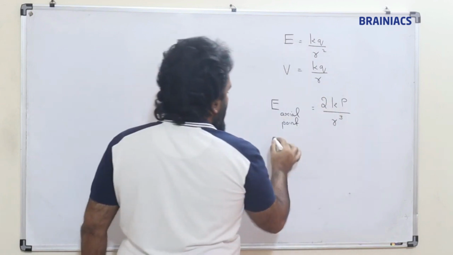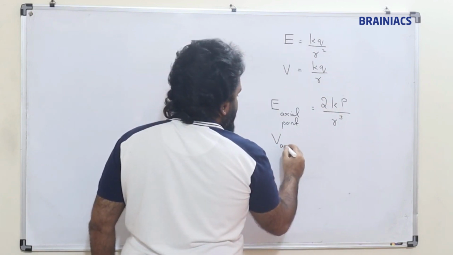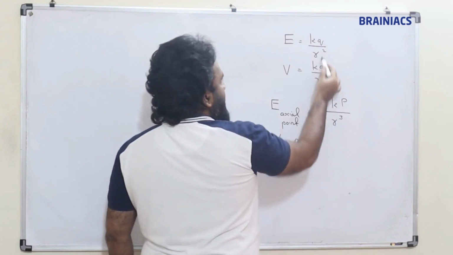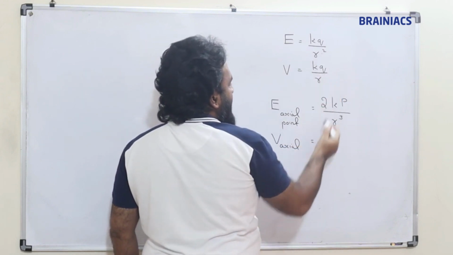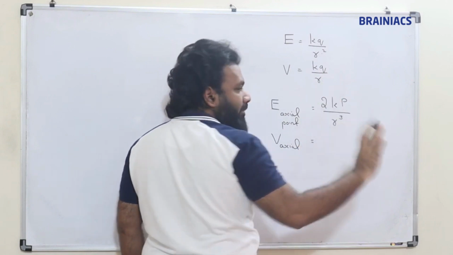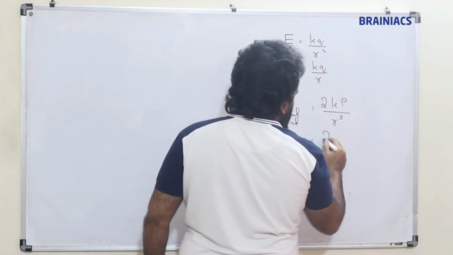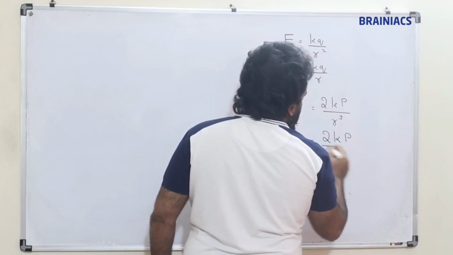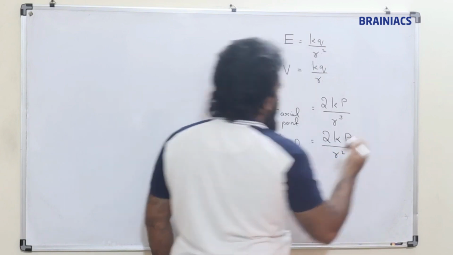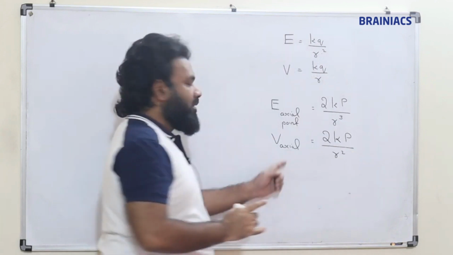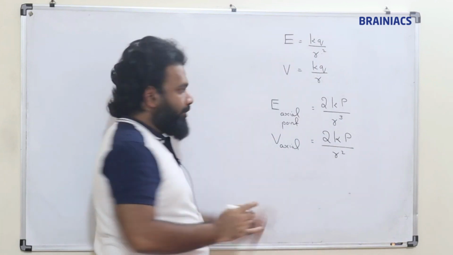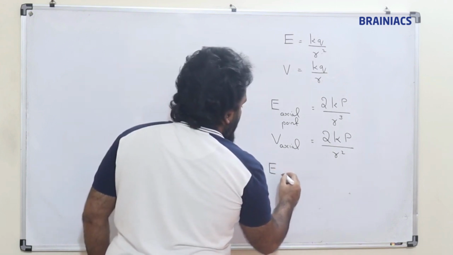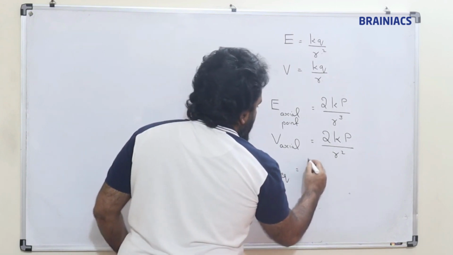Okay, now what about the potential at the axial point? Just like r square became r, here this r cube will become r square, no other difference. 2Kp divided by r square. This is the electric potential. Now what is the electric field on the equatorial point?